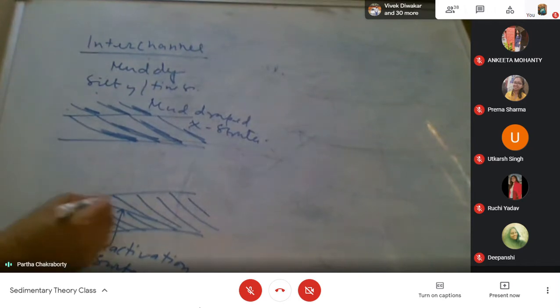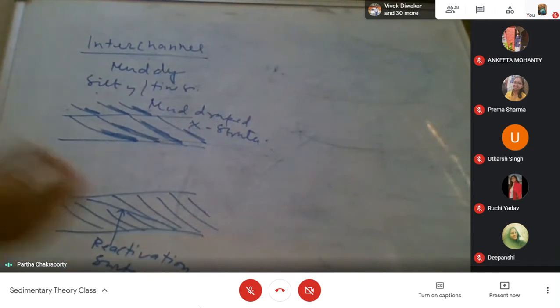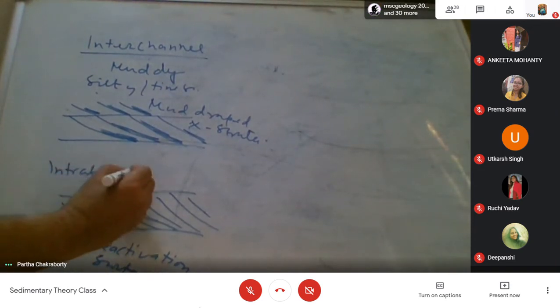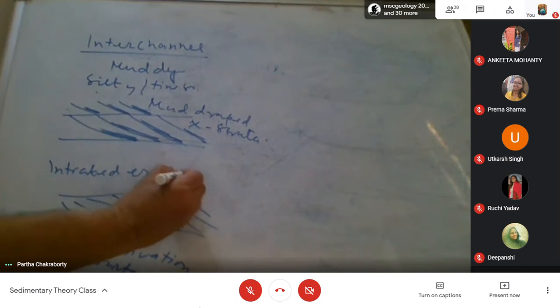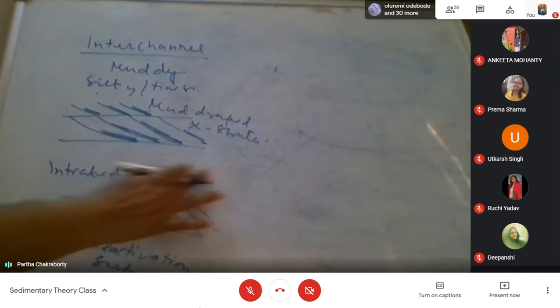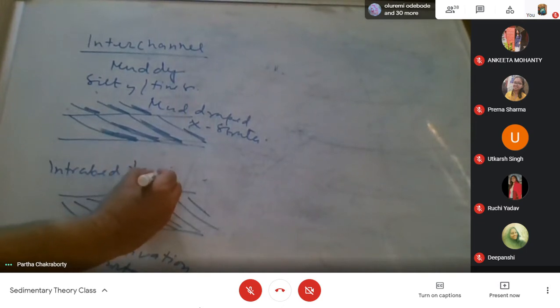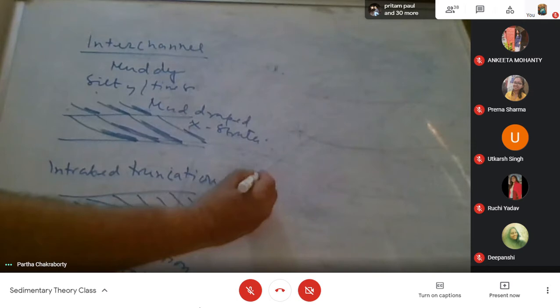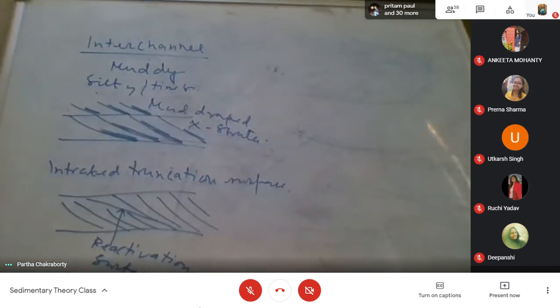Or this is what is called the reactivation surface. You can see this is an intrabed erosional surface. Not erosional, I will not say erosional, intrabed truncation surface, what is called the reactivation surface.